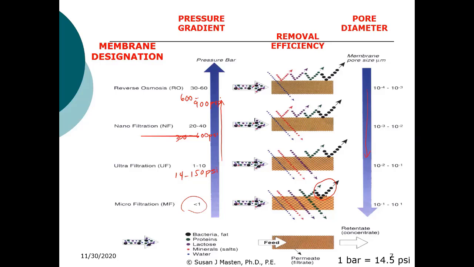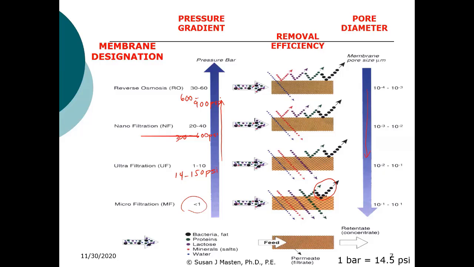So, for example, microfiltration can be used to remove bacteria. It can also be used to remove cryptosporidium and giardia. It can also be used in some industries, for example, in the production of skim milk, because it will remove the fats from milk.